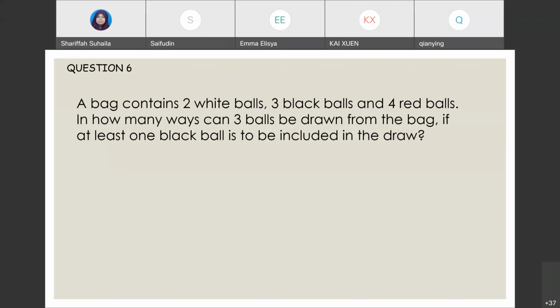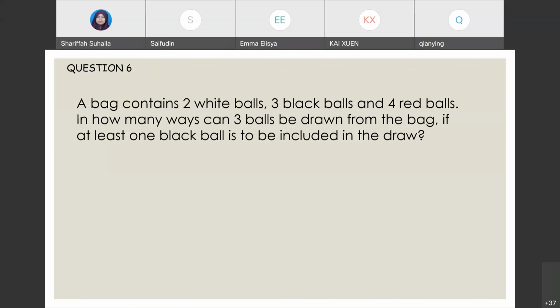Ataupun you can also choose one black ball, and again another 2 should be red balls, ataupun no white balls. Total memang ni kah 43 ke 106 deh?